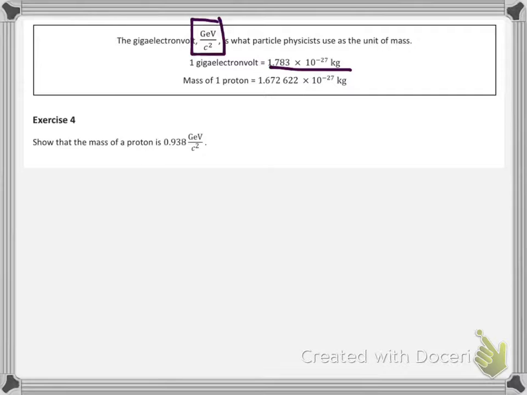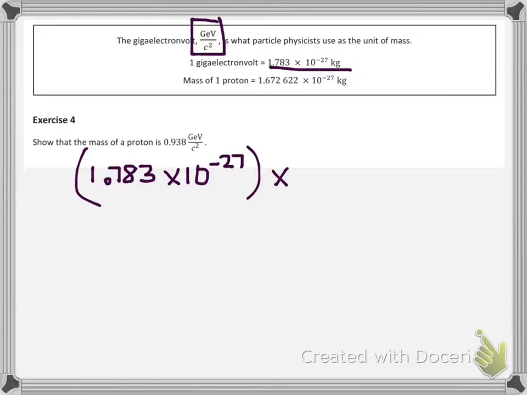Now, we don't know how many there are to begin with, so we're going to use some algebra here. We're going to say 1 giga electron volt, or 1.783 times 10 to the negative 27th, that's the giga electron volt, times x. X is going to be the number, the mass of the proton. Okay, so how many giga electron volts? The x is going to tell me how many of these.